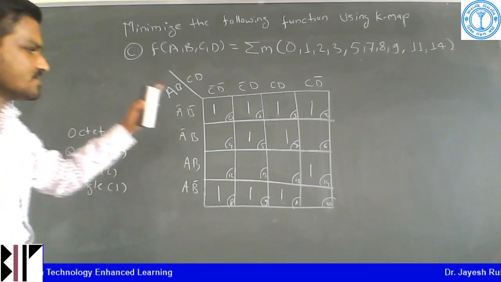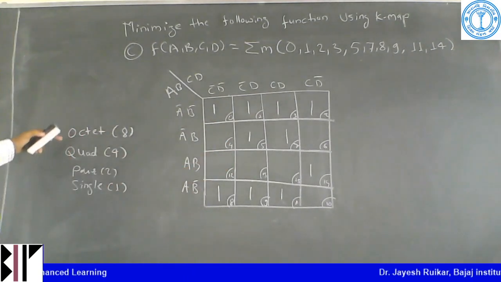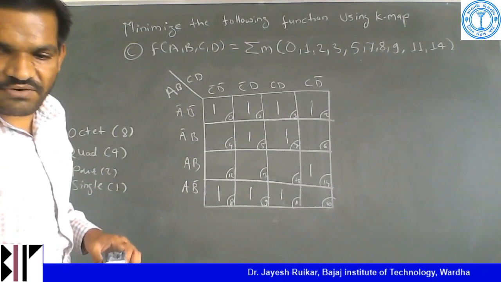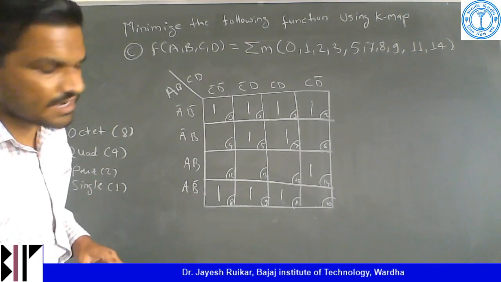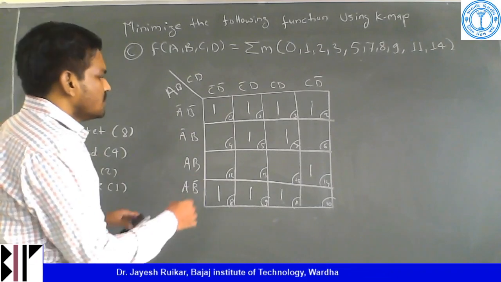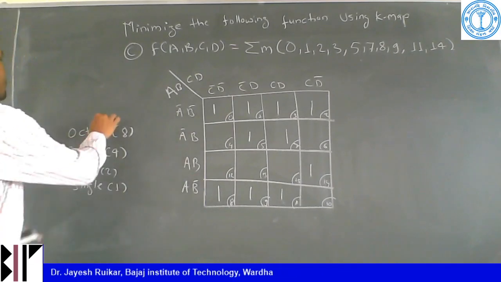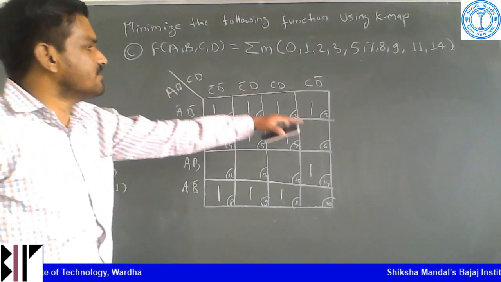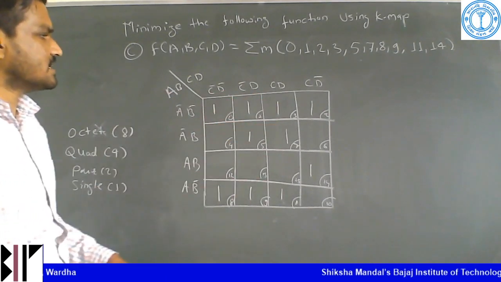If any one is not combined in these three, octet, quad and pair, we can have a single one also. Now I am grouping this. I can see that an octet is not possible because 8 ones are not adjacent anywhere.